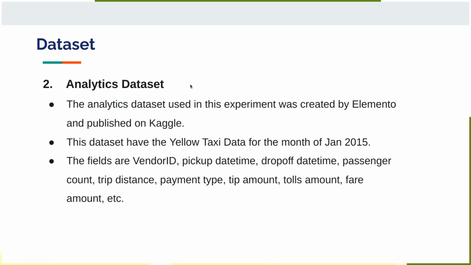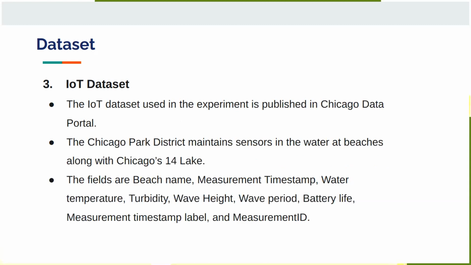The second data set I have used is from the analytics domain. This data set is also available on Kaggle, and it is the yellow taxi data for the month of January 2015. The fields of this data set are vendor ID, pickup date time, drop off time, passenger count, trip distance, payment type, etc. The third real data set I have used is from the IoT domain.